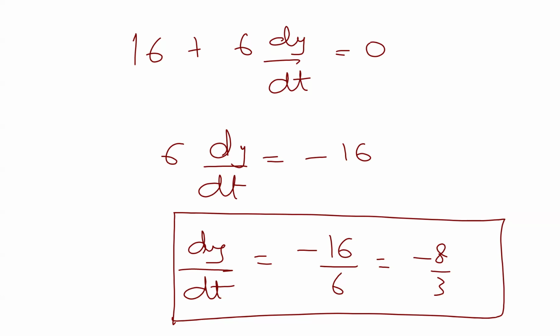So that's why there is this minus sign. And the units will be centimeter per second, because everything is expressed in centimeters and the time unit is seconds.